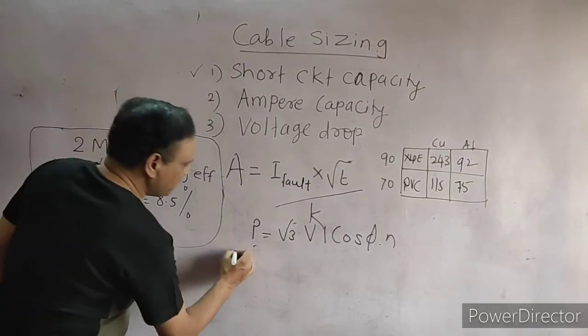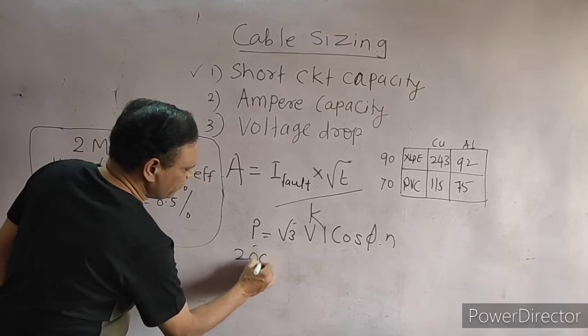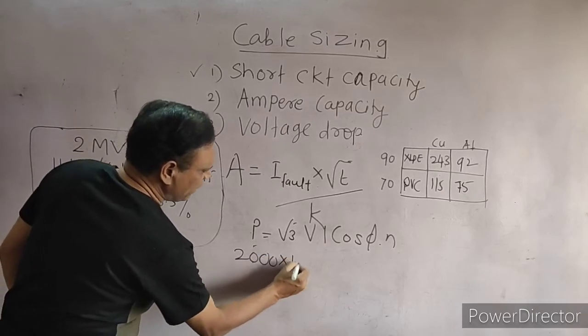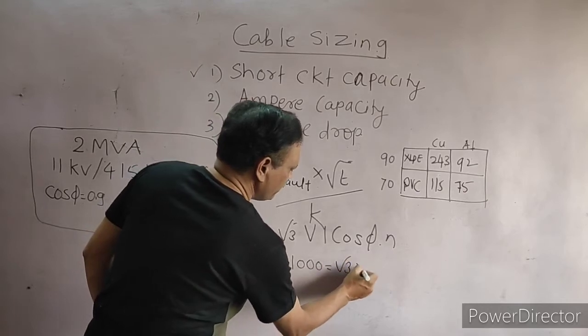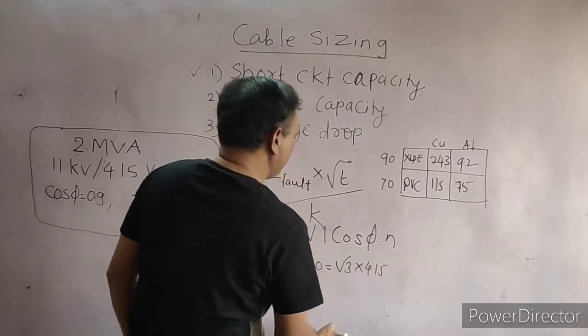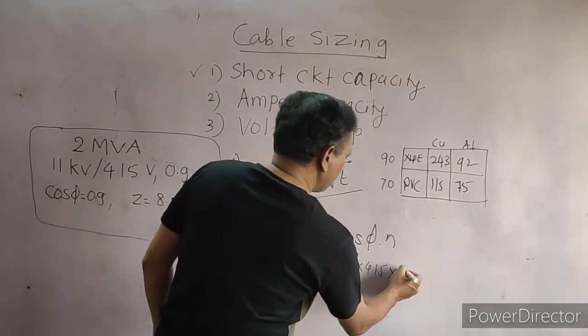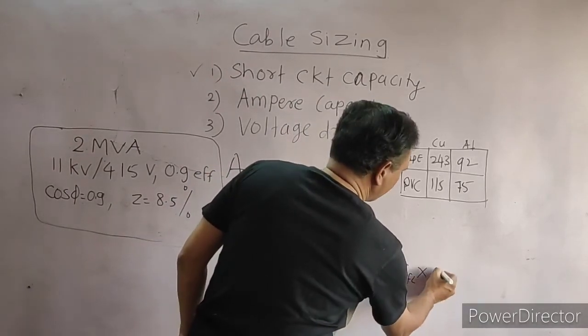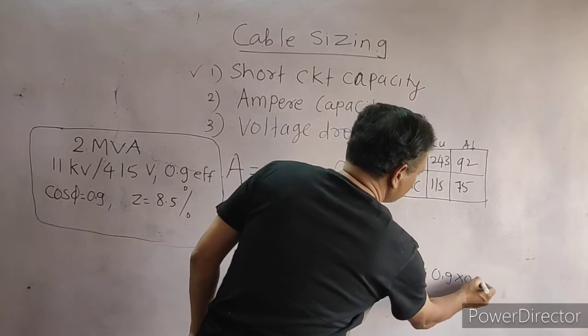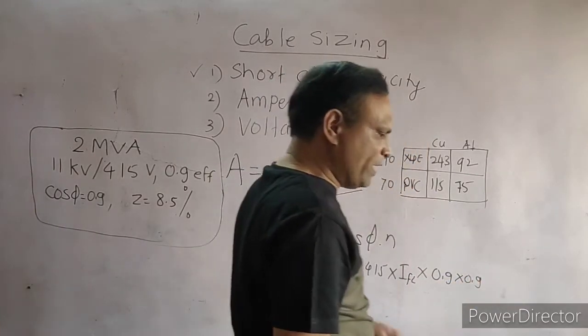Our transformer was 2 MVA, so we'll write it in terms of VA. So it will be 2000 into 1000 VA is equal to root 3 into voltage, 415, into current. I have to calculate the current at full load, into cos phi, which is 0.9, and the efficiency of my transformer was 0.9.